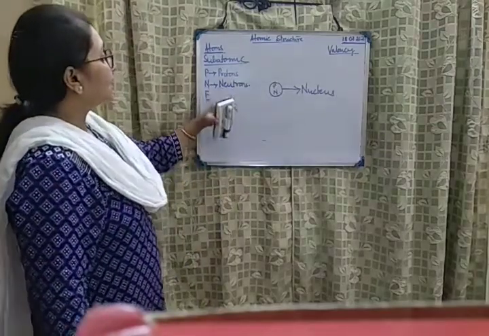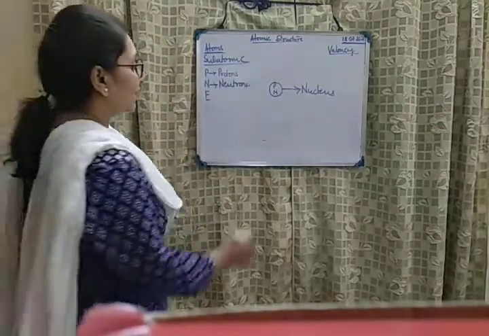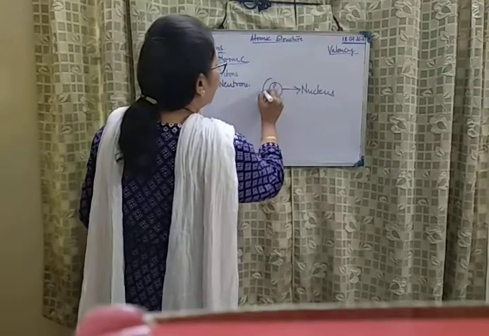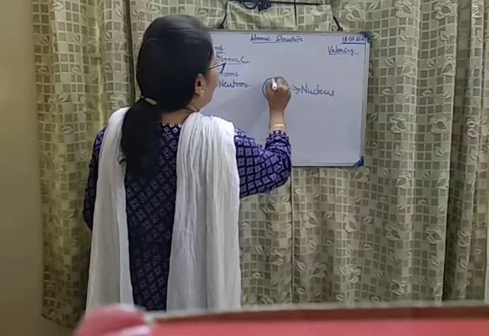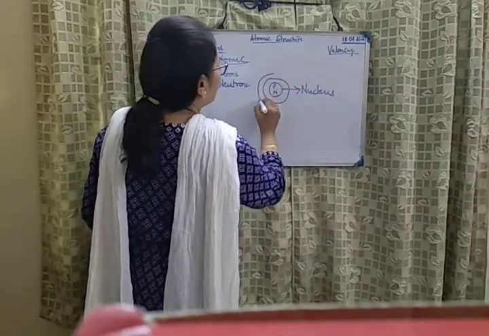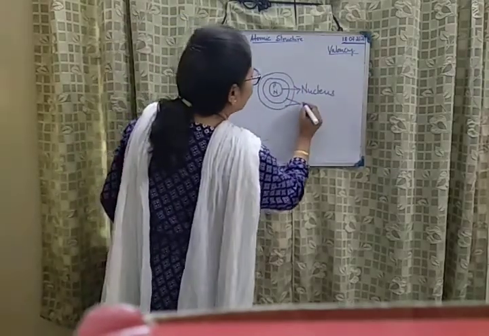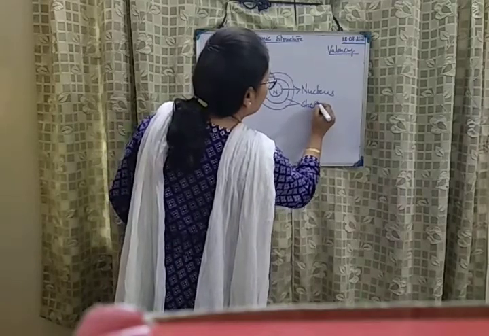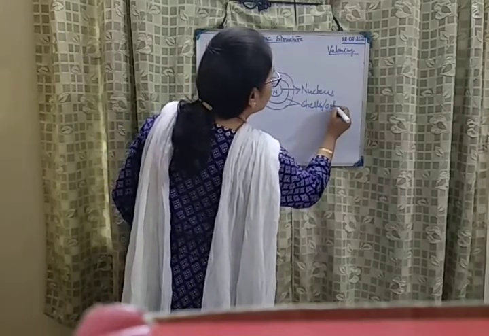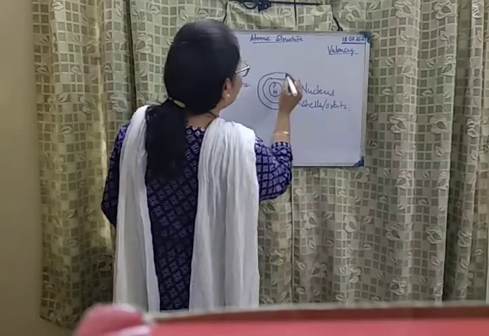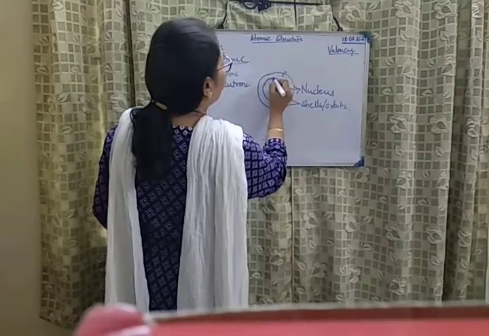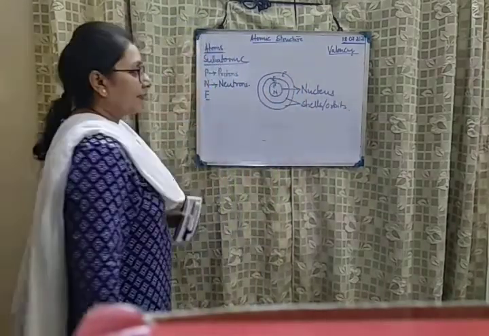They do not carry a charge. Around the nucleus of an atom, you will find shells or orbits. On these you will find the electrons are present.